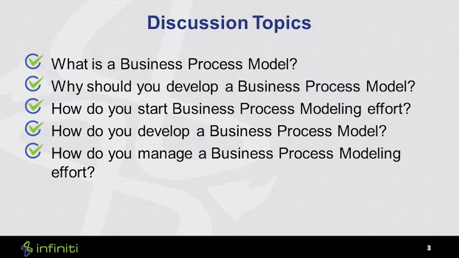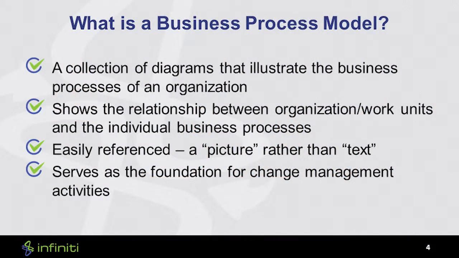I'll start out by explaining exactly what a business process model is. It's really a very straightforward concept, but the amazing thing about business process modeling is that not everybody does it on their projects, and it's an important step that's often missed when you initiate a project. A business process model itself, along with another item that we're going to talk about today called a functional hierarchy diagram, are two things that tell you, first of all, what your business does, what a State Department does, what an organization does.